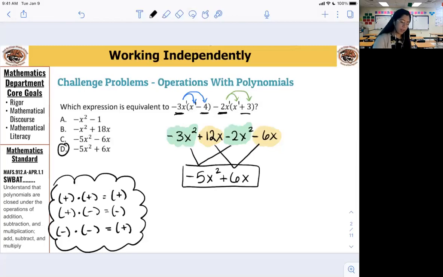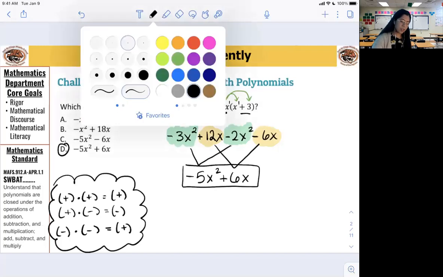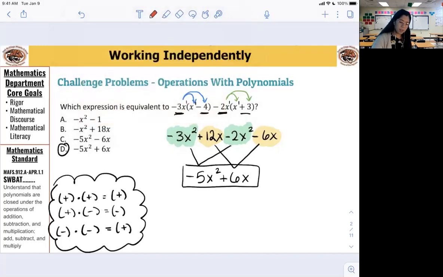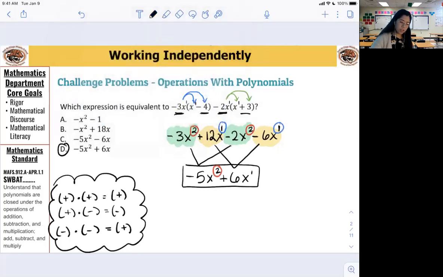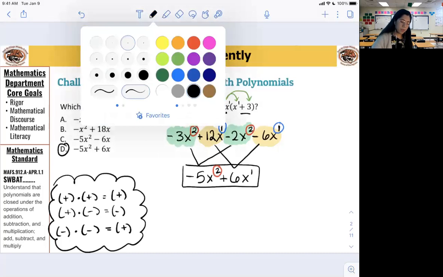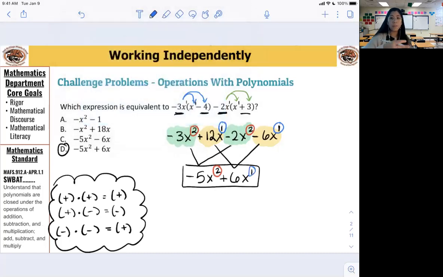So when you combine like terms, you're not changing the variable. x squared is going to stay x squared. x to the power of 1 is going to stay x to the power of 1. We're not changing what it is, because if you add those exponents, you change what that number is.